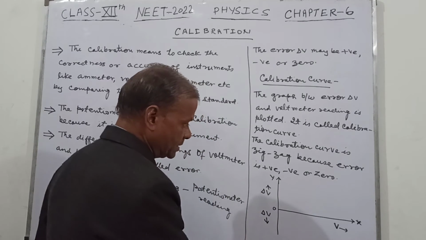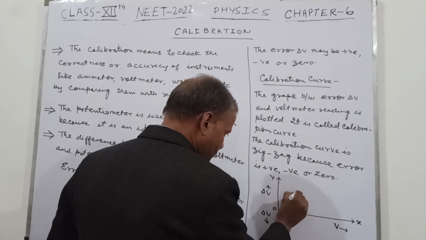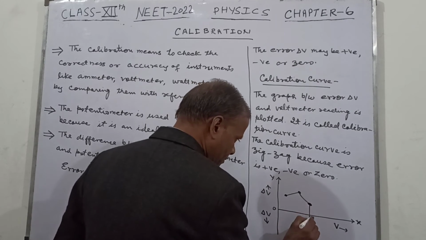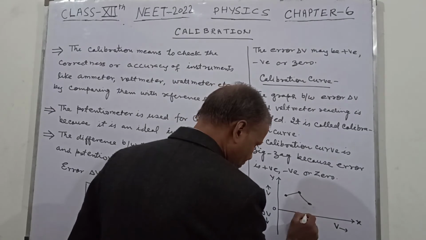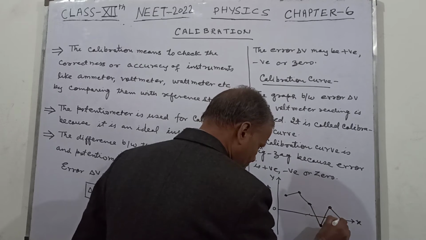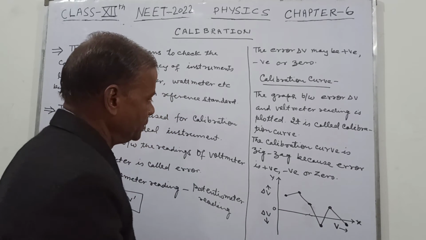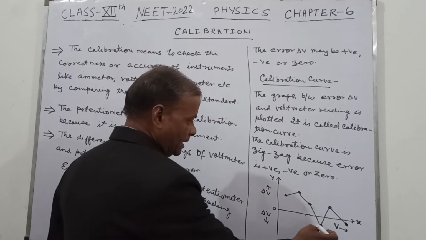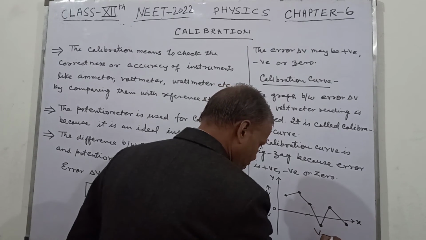These are the positive, these are the negative. So the readings are like this. This is the zigzag curve. These are the positive errors, these are the negative errors, and this is the voltmeter reading. So we have the value of V to be here.